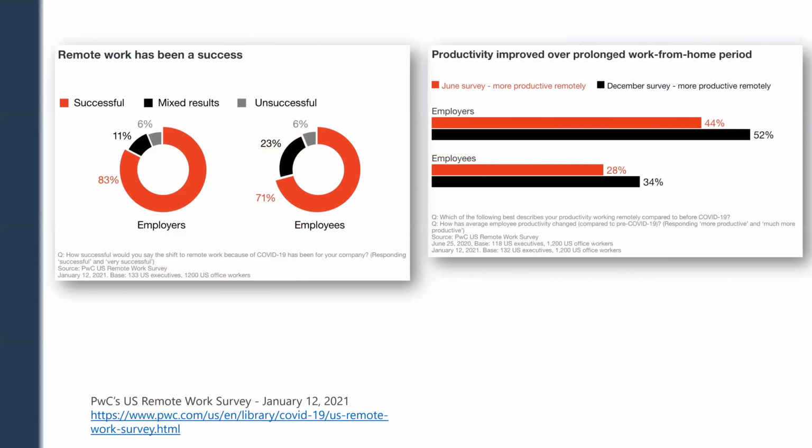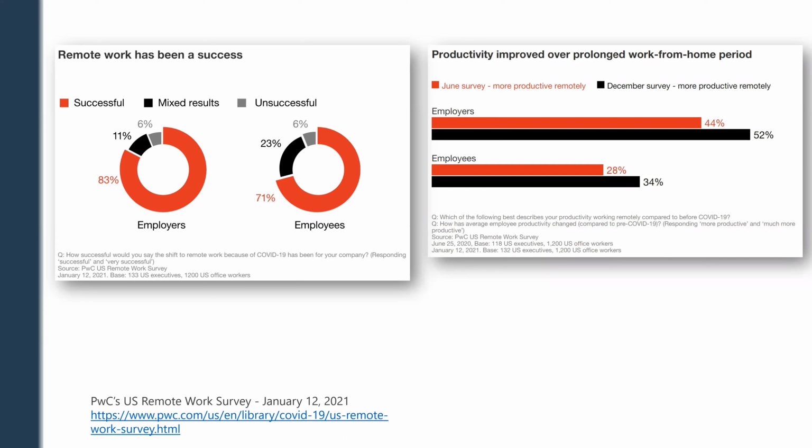Another survey that maybe is a little bit better source, I think, is this PwC survey. It's kind of a follow-up survey. They did a survey in June of last year, so June of 2020, and then again earlier this month, literally January 12th. They're asking not just employees, but also employers, so CEOs and so forth.